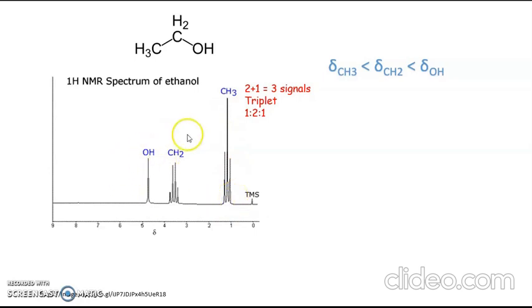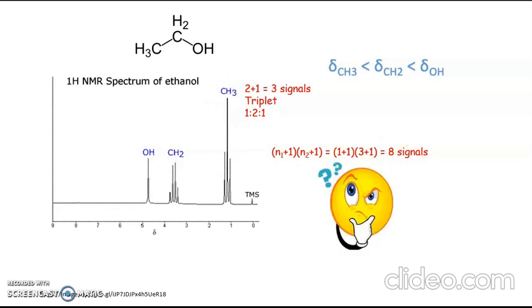Next, for the methylene group, we expect interaction from the OH proton and from the CH3 protons. Since they are unequal, we should consider them separately, so the number of signals is n1 plus 1 times n2 plus 1. That is 1 plus 1 times 3 plus 1, which will give 8 signals.